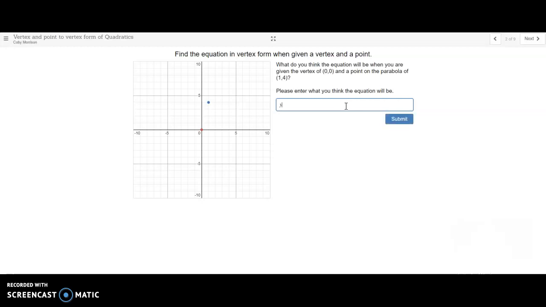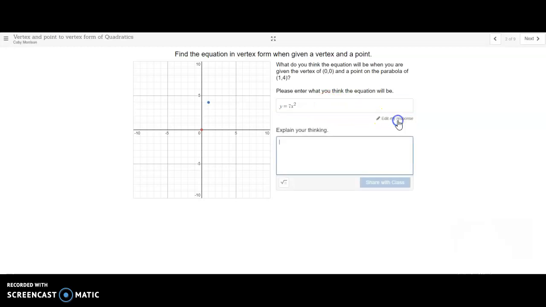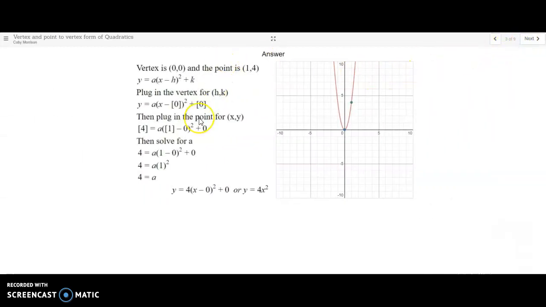Well, let's see. Y equals, I'm going to put in a wrong answer. 7x squared. It's definitely the wrong answer. Don't copy that. Oh, explain your thinking. So you don't get to see other people's answers. You just explain why you got 7x squared. So it's wrong.